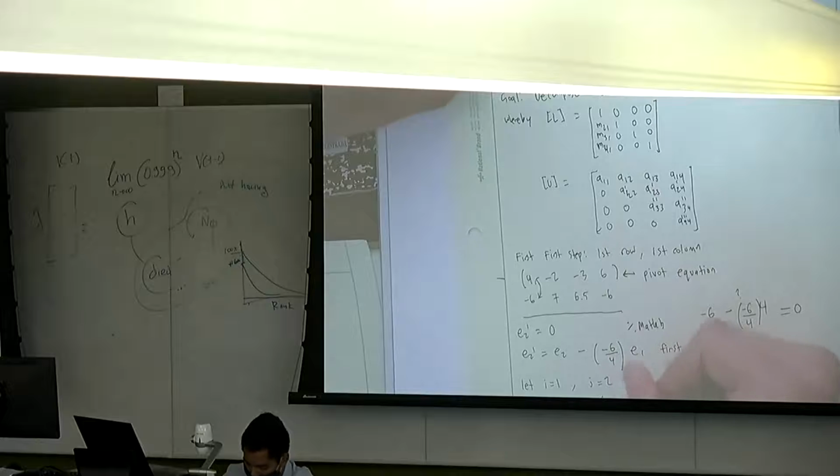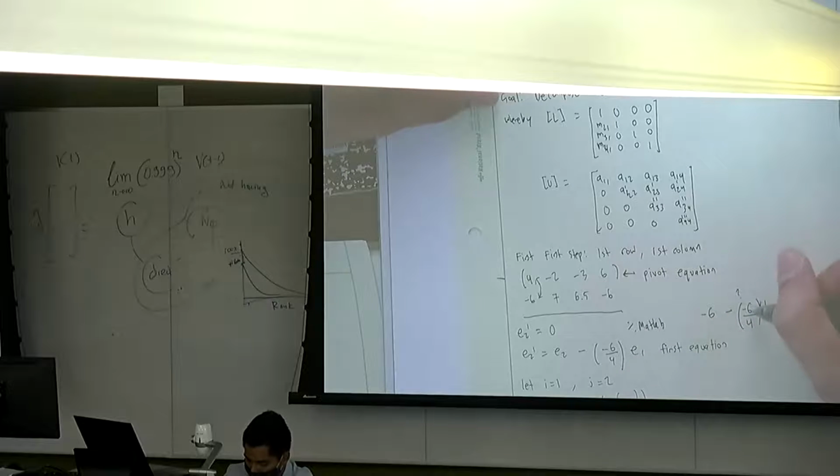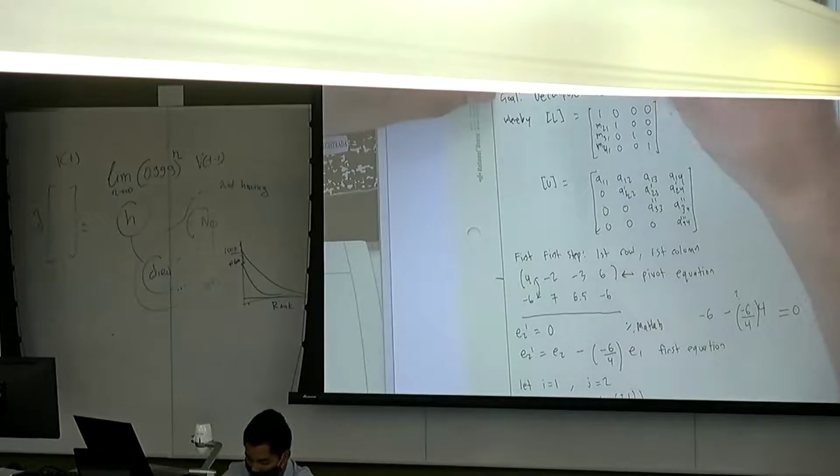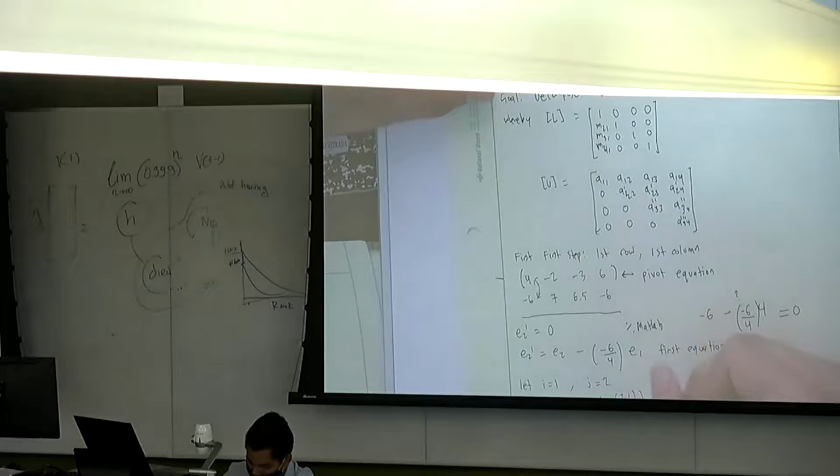So we have a fraction. This -6 is going to be on the top, the second row, first column. And that 4 is going to be first row, first column, times EI. So in other words, this is the new equation. This is the old equation minus the multiplier times the pivot equation.